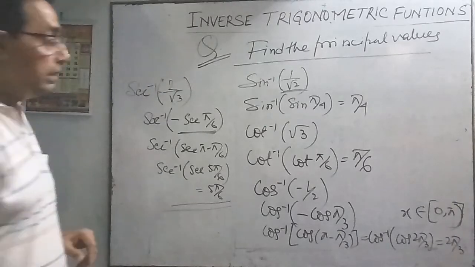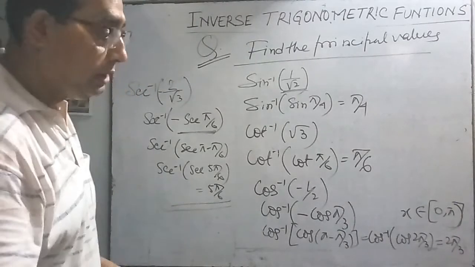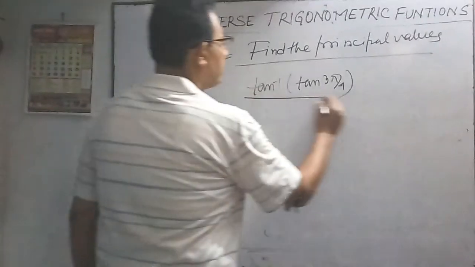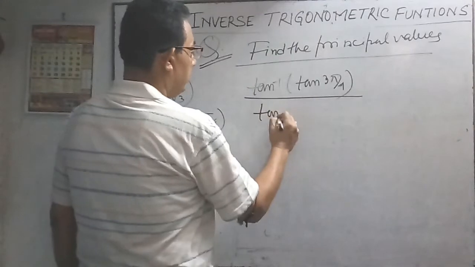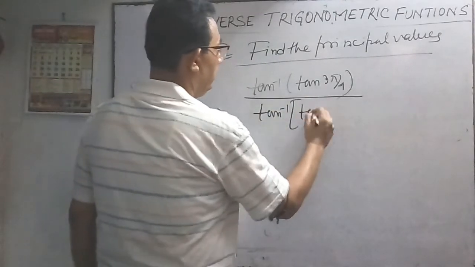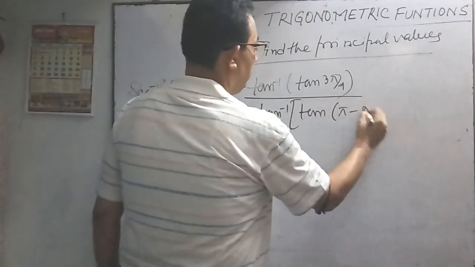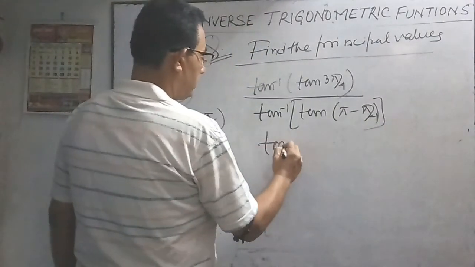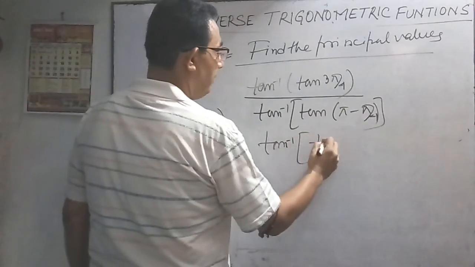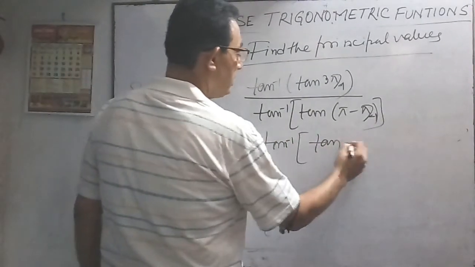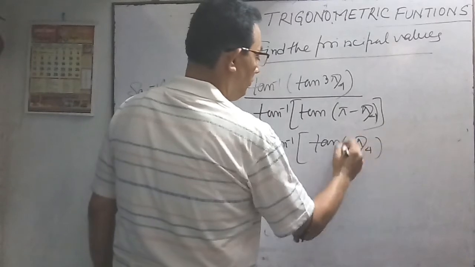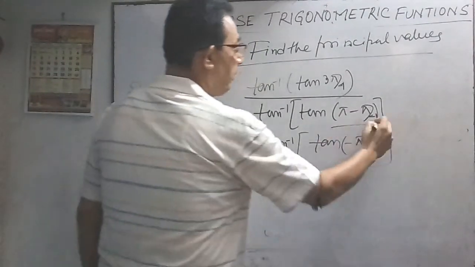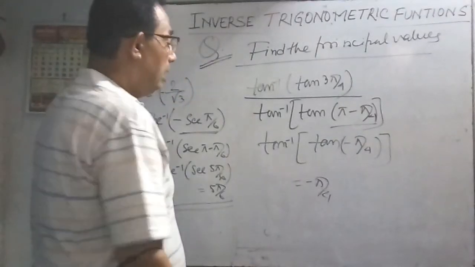One more question. Tan inverse tan 3 pi by 4. Tan inverse tan (pi minus pi by 4). Its value is minus pi by 4, since tan (pi minus theta) is minus tan theta.